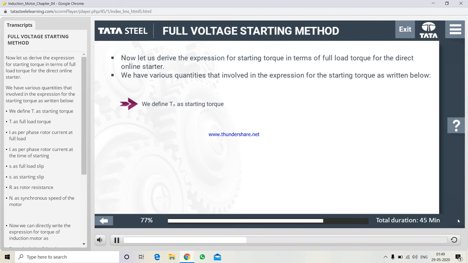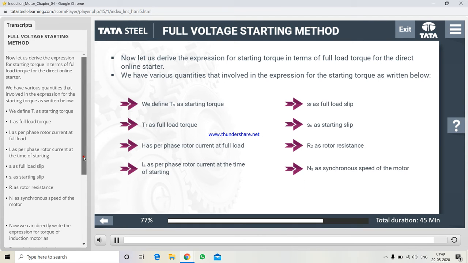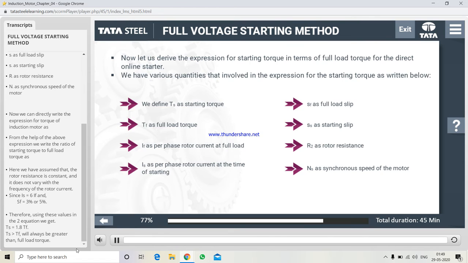We define Ts as starting torque, Tf as full load torque, If as per phase rotor current at full load, Is as per phase rotor current at the time of starting, Sf as full load slip, Ss as starting slip, R2 as rotor resistance, Ns as synchronous speed of the motor.